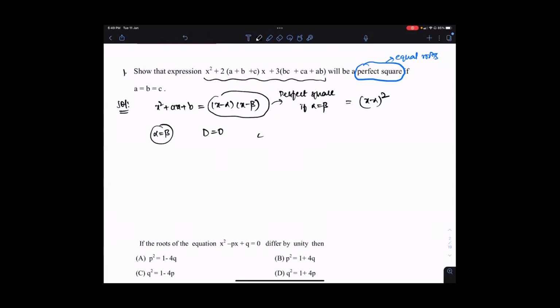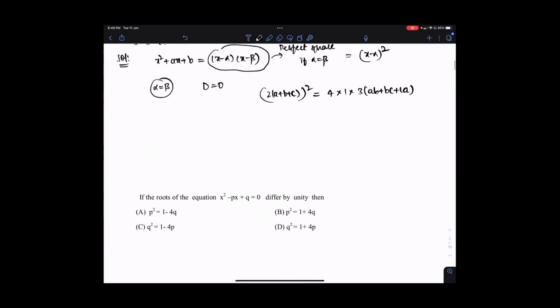Sorry, let me just write it again: 2 times (a plus b plus c) whole square is equal to 4 times ab plus bc plus ca. Now, if you do the simplification, finally you will get something like this: a square plus b square plus c square minus ab minus bc minus ca.